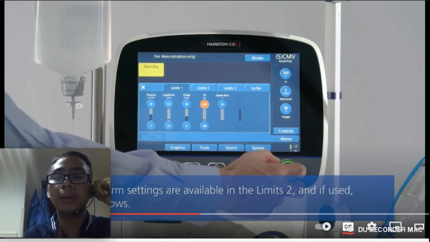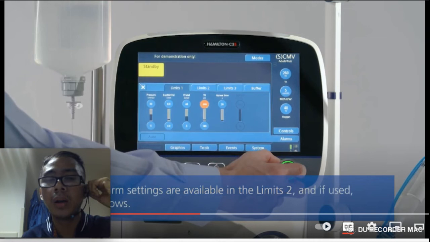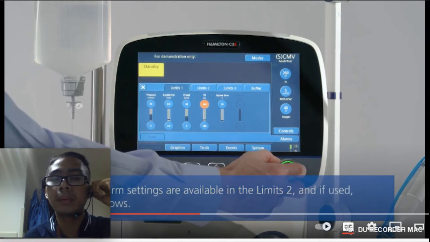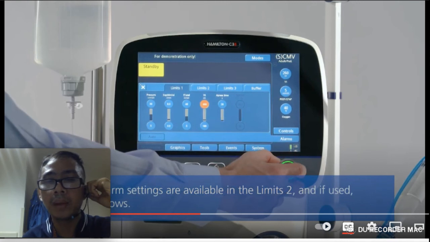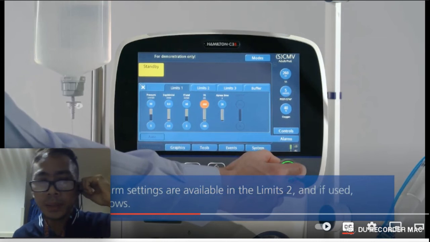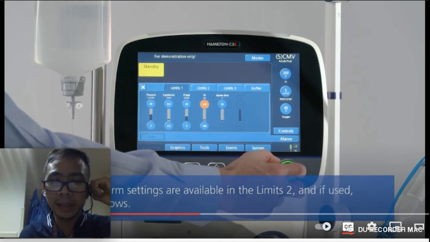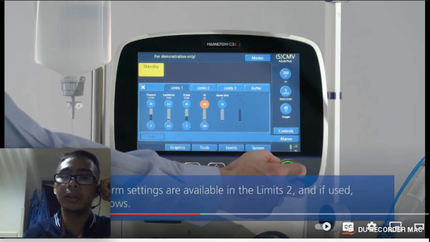We're preventing barotrauma and volumotrauma, di ba? Because there are two classification of the ventilator. It can be a pressure control or a volume control. But there are studies that pressure controlled ventilation promotes lesser barotrauma, or can create less damage to the lung, because the peak airway pressure can be maintained at less than 35 centimeters of water.